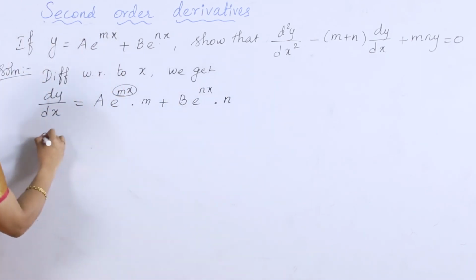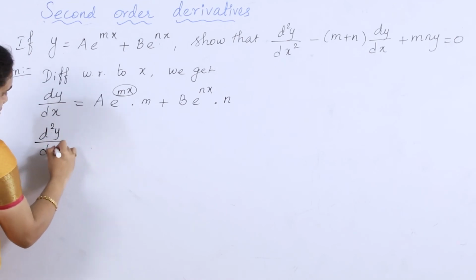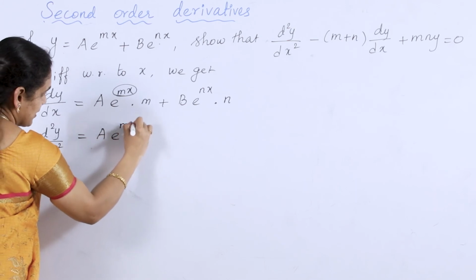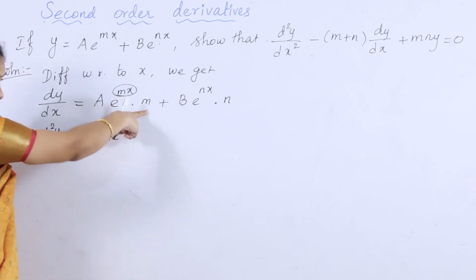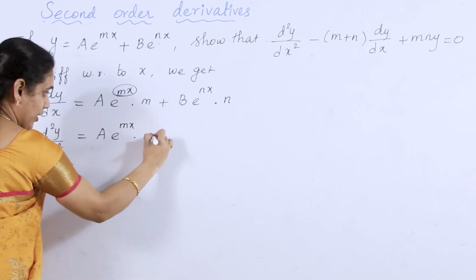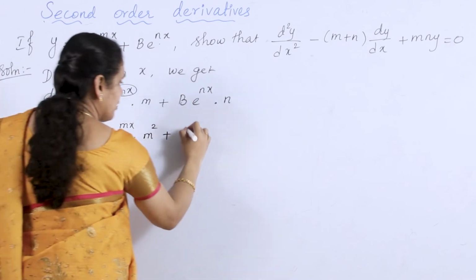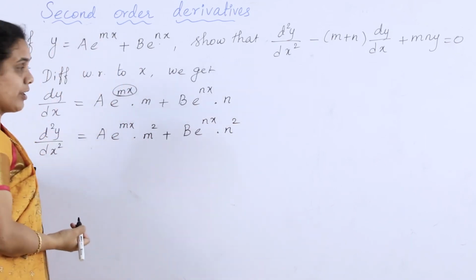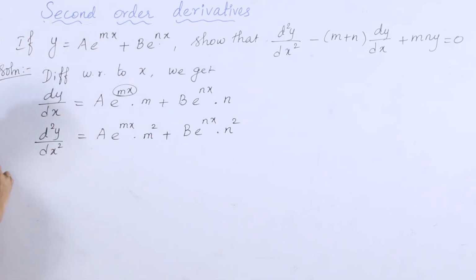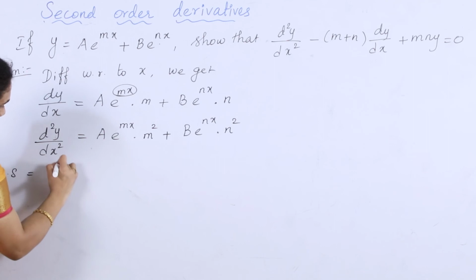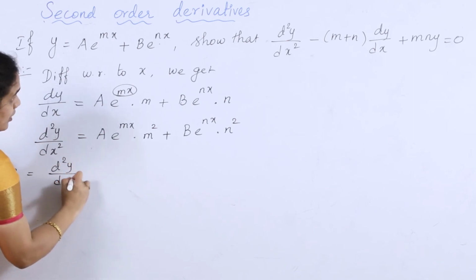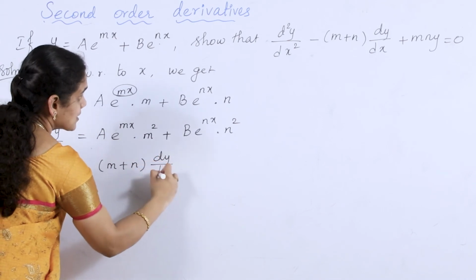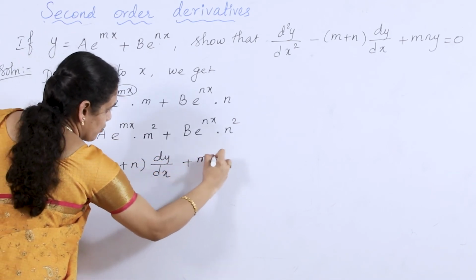Then d squared y by dx square, differentiate again, we get a e to the power mx into one more m, so it becomes m square, plus here we get one more n, so we get n square. Then let us take the LHS. LHS is d squared y by dx square minus m plus n into dy by dx plus mny.